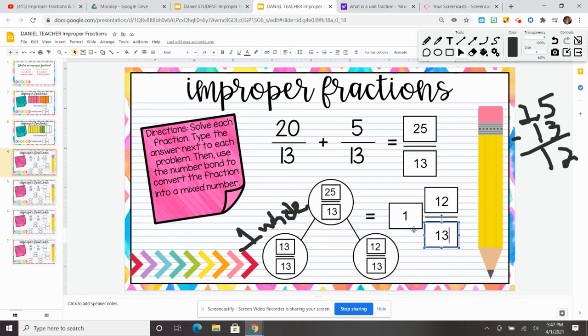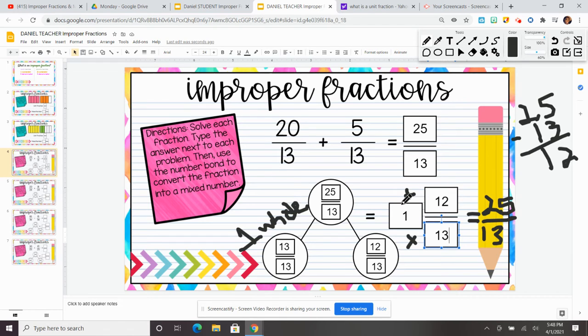All right, and in order to check my work, this is what I can do. I can do 13 times 1. 13 times 1 gives me 13. And if I add 12, I should get 25, correct? So that'll give me 25/13. All right, so I can check my work. This is my mixed number fraction.